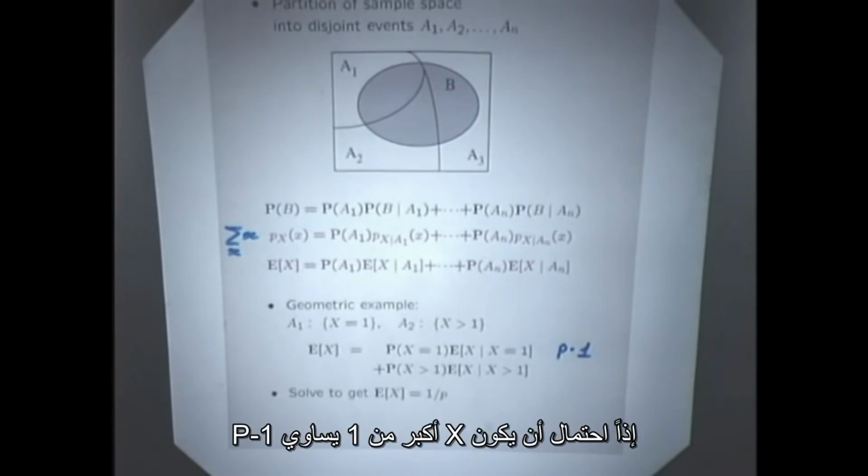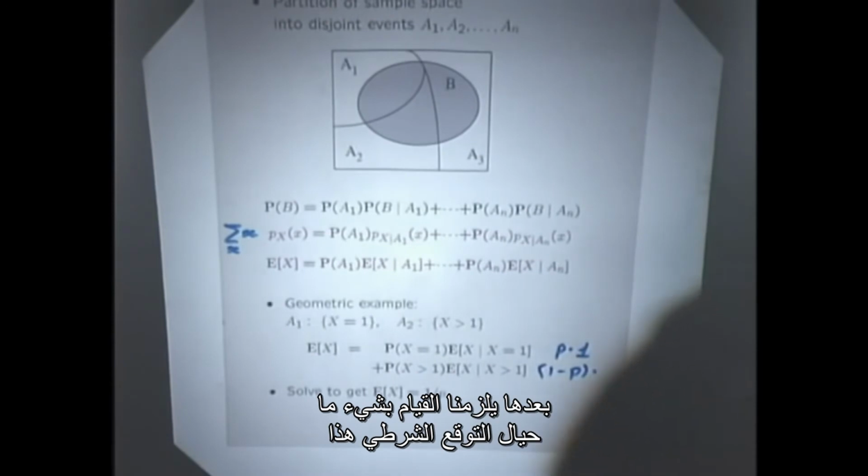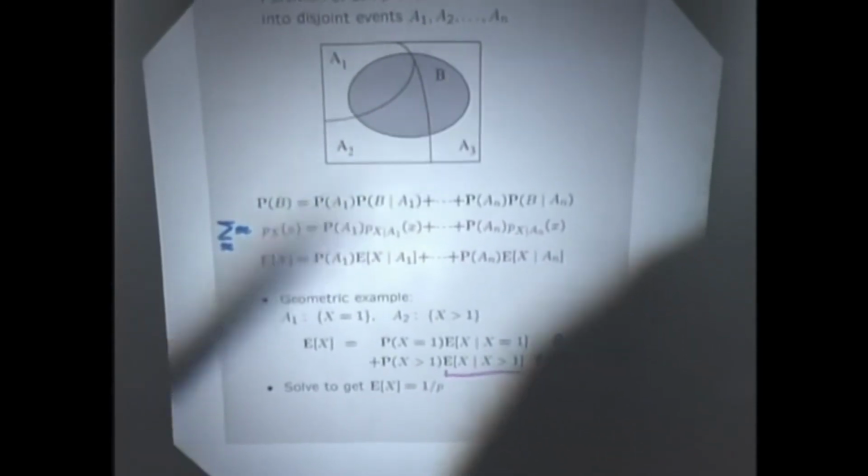How about the other case? The probability that x is bigger than 1 is 1 minus p. And then we need to do something about this conditional expectation. What is it?